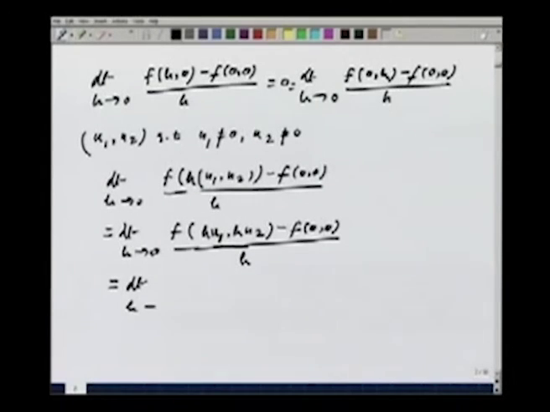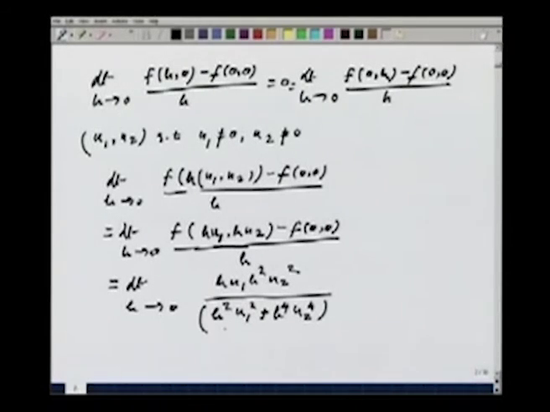Now I just write down the definition of the function. This is the limit as h goes to 0. Now x y square means h u1 into h square u2 square, divided by x square, that means h square u1 square, plus y to the power 4, that means h to the power 4 u2 to the power 4, but then there is a 1 by h, so that sits here.